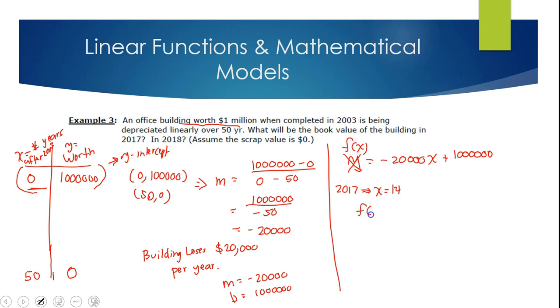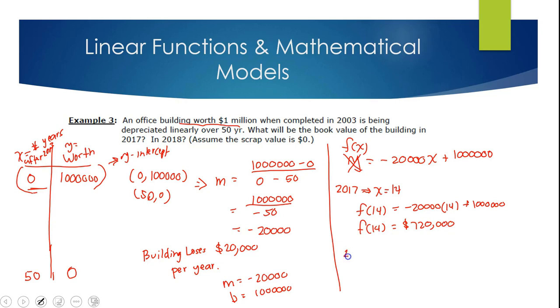So I'm going to figure out what f(14) is for 2017. So negative 20,000 times 14 plus 1 million. f(14) equals $720,000.